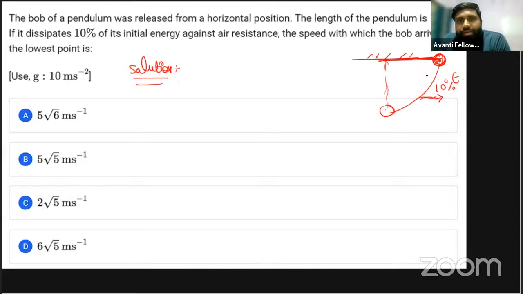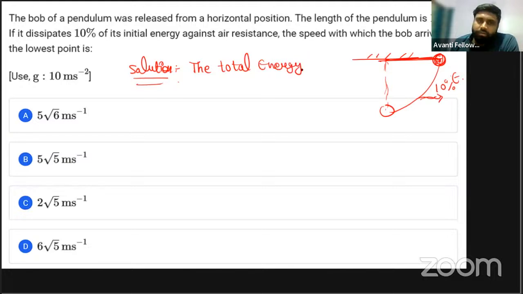Now, at the extreme point, what will be the energy that you have? Let's say the total energy is capital E at the extreme point.